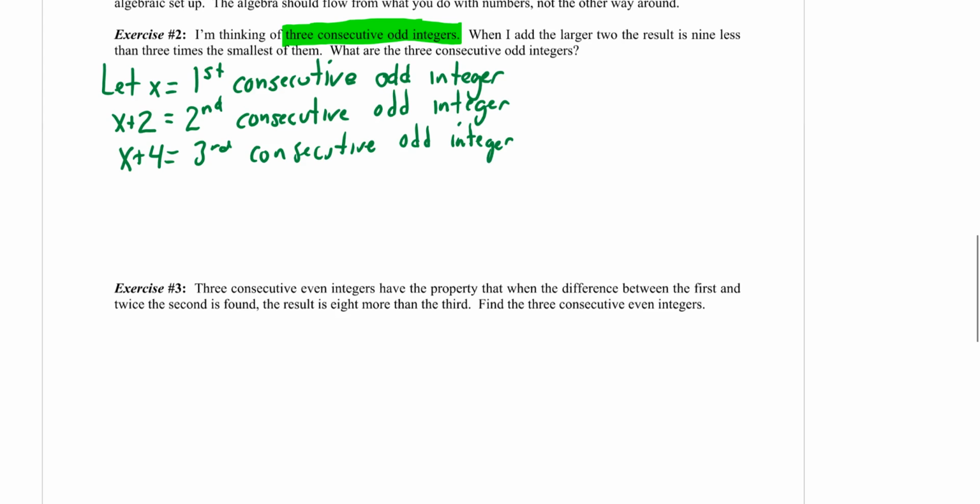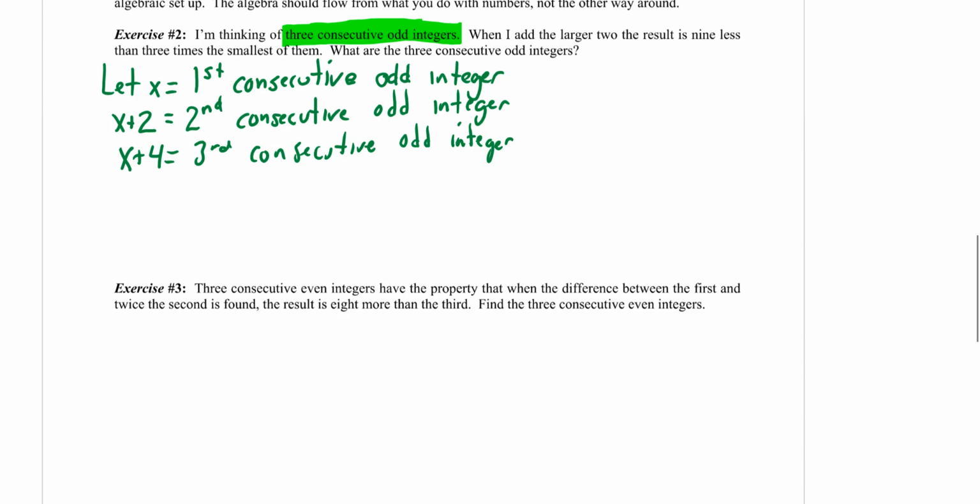Now, here's the problem. Let me tell you what they do to try to make these questions confusing. If I talked about the first one and the second one and the third one, that's very simple. Right? But unfortunately, sometimes they go through and say the larger, when I add the larger 2, or 3 times the smallest.